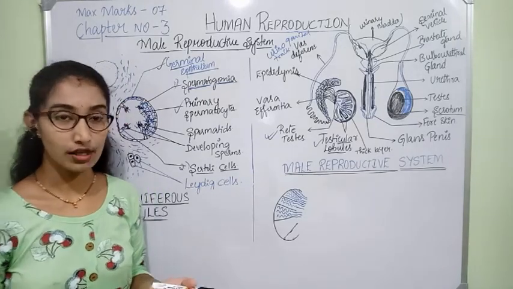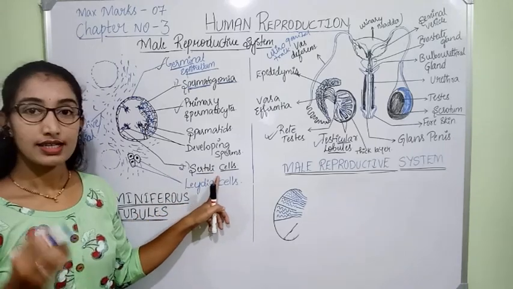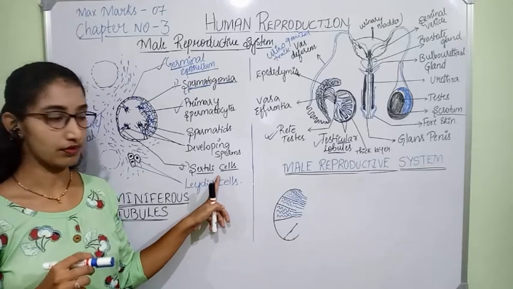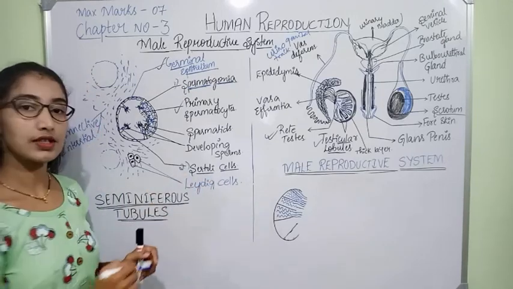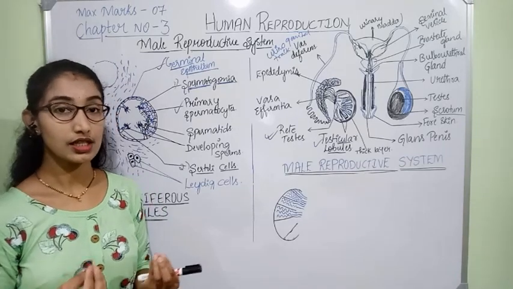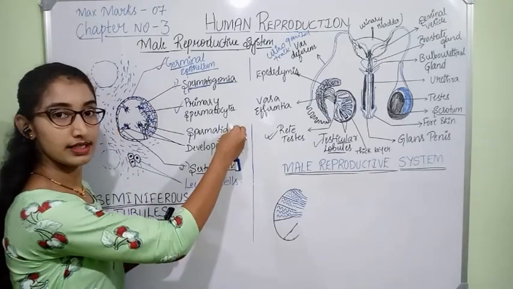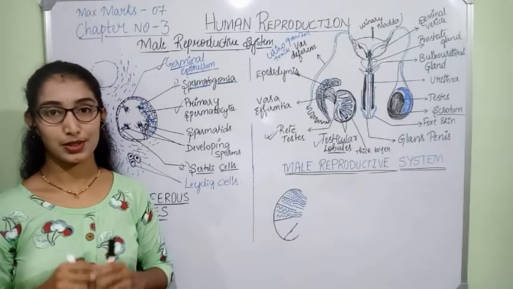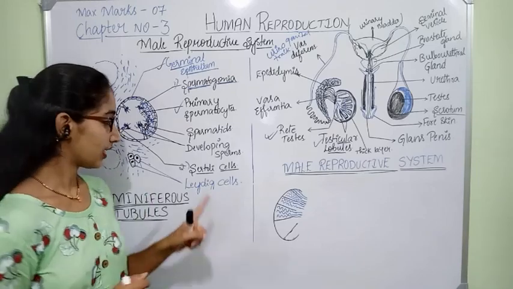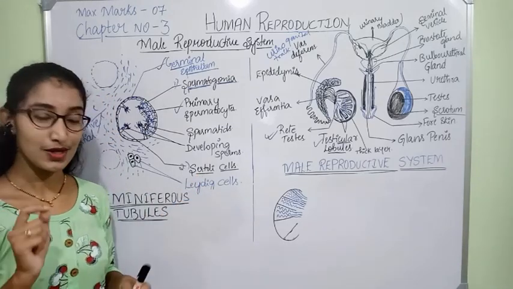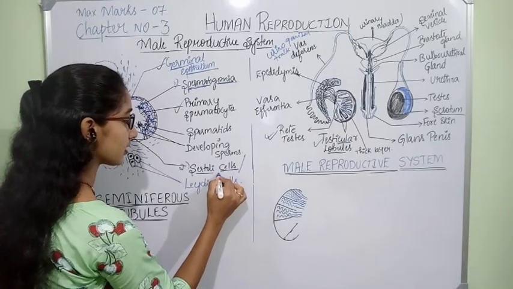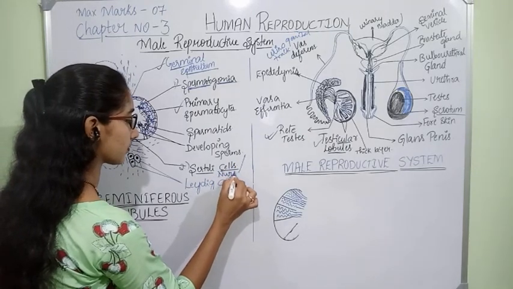For what purpose? For nourishing the developing sperms. These Sertoli cells provide nourishment and nutrients to develop the spermatids into mature spermatozoa. Because of providing nourishment, the Sertoli cells are also called nurse cells.